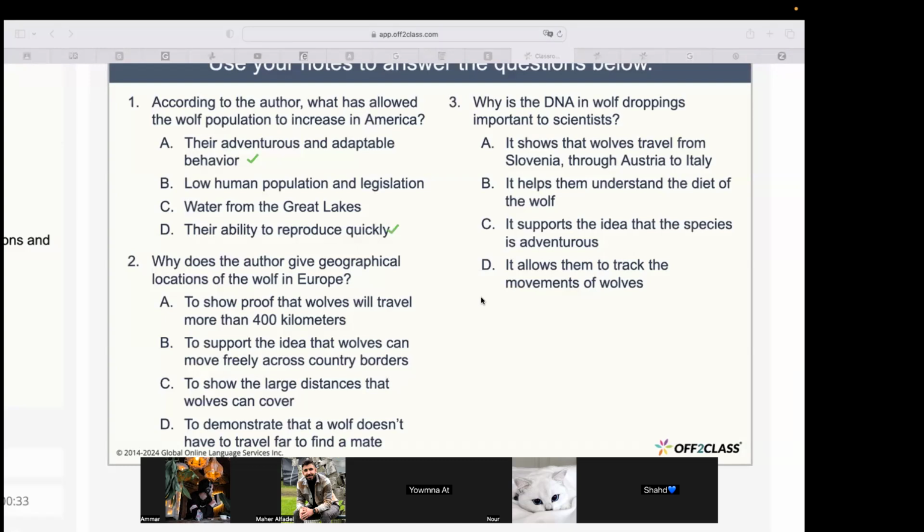Number 2, why does the author give geographical locations of the wolf in Europe?